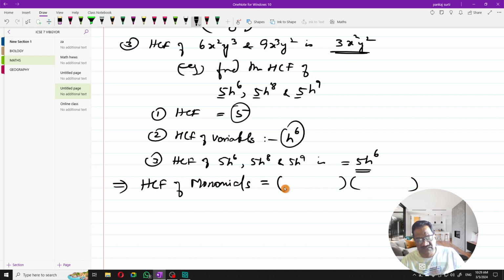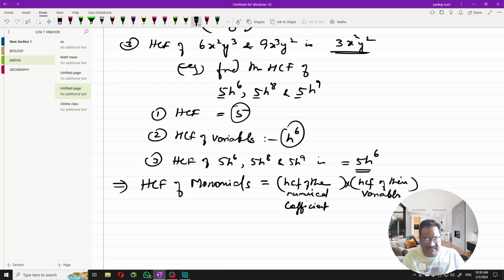It is the HCF of the numerical coefficients multiplied by the HCF of their variables. Got it? So this is the first step in the understanding of factorization that you have to learn, and that is finding the HCF of certain terms.